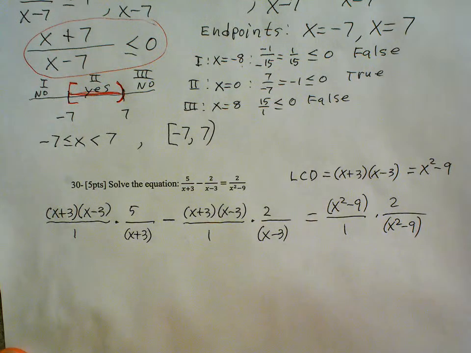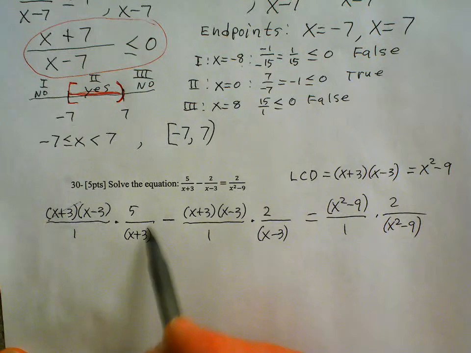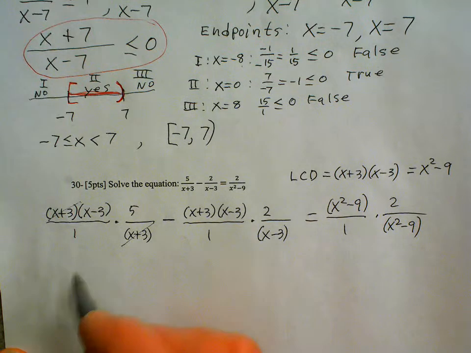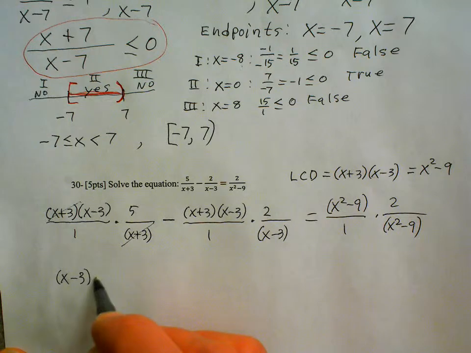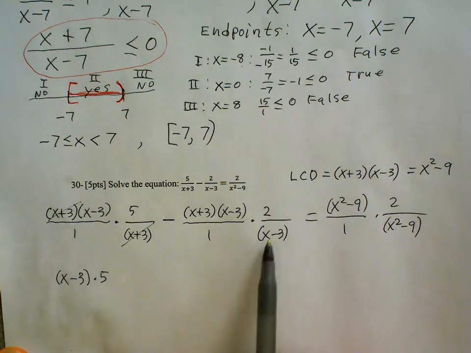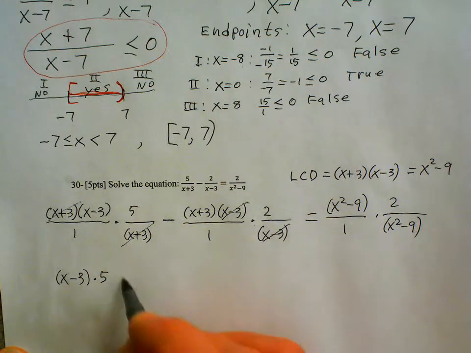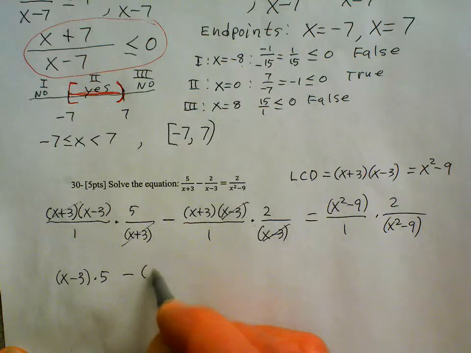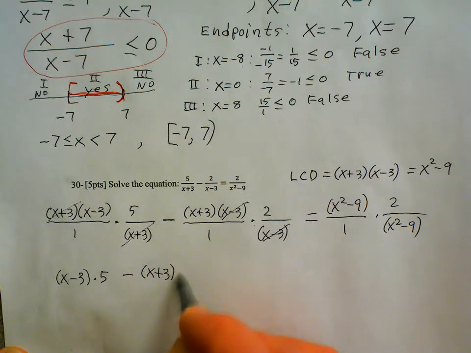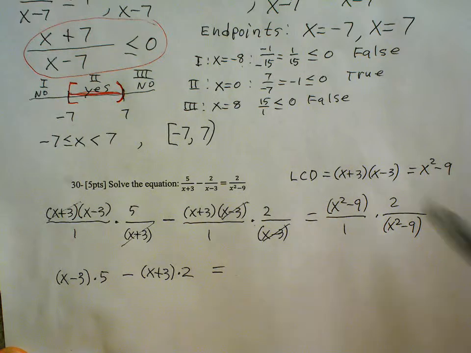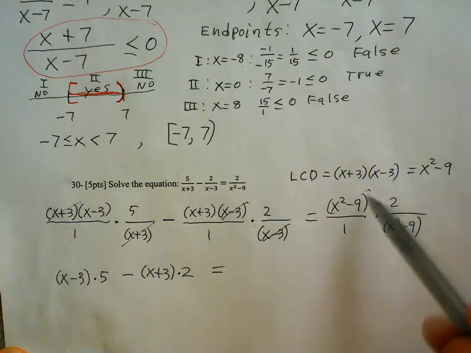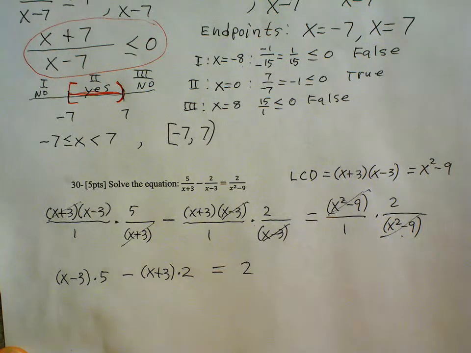And then we get cancellations, x plus 3 divided by x plus 3. So we're left with x minus 3 times 5. In the next product, the x minus 3 factors cancel. So we have minus x plus 3 times 2. And on the right-hand side, x squared minus 9 divided by x squared minus 9, those cancel. So we're just left with 2.